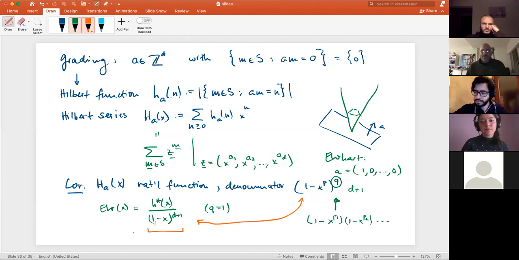In this more general setting for Hilbert series, often your rational function is not written in lowest terms. Sometimes it's interesting to write it in lowest terms, to factor out as much as you can between numerator and denominator. And sometimes it's interesting to write it in a form like this, where you compactly see just this power d plus 1 and this p that comes from all of your factors.